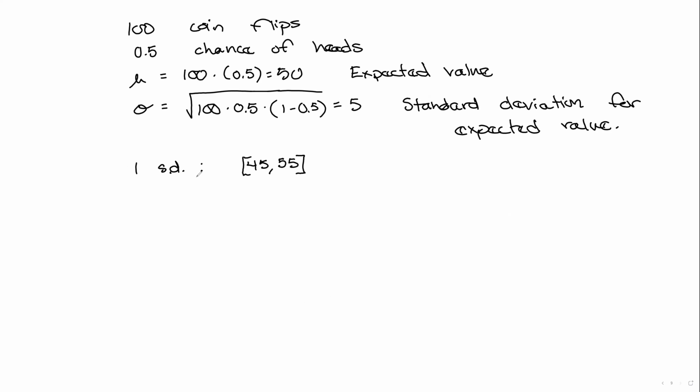So one standard deviation range, in terms of the spread of our outcomes, if we did this 100 coin flip experiment, would be between 45 and 55 heads results. And using the empirical rule, we know that 68% of the time, our outcome should be in this range. That comes from the empirical rule section that we did earlier in the semester.